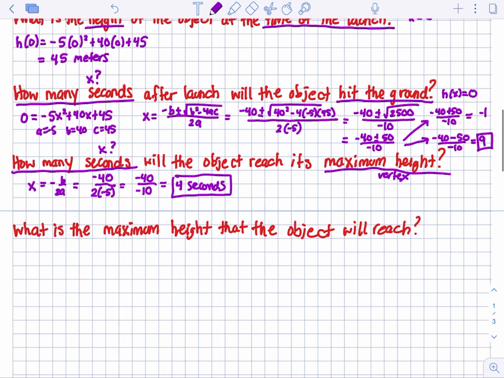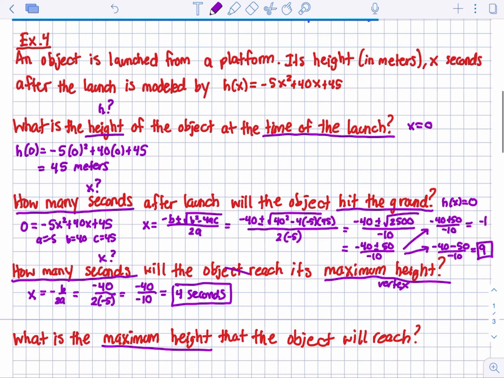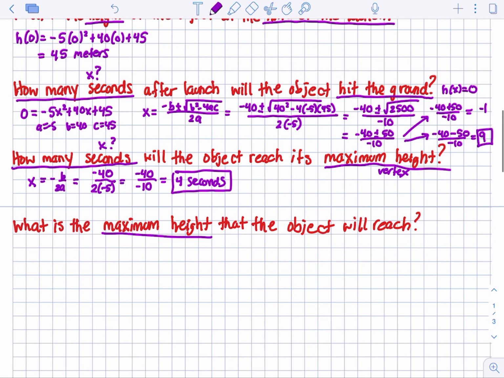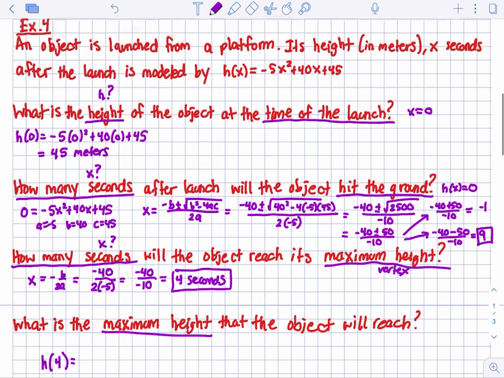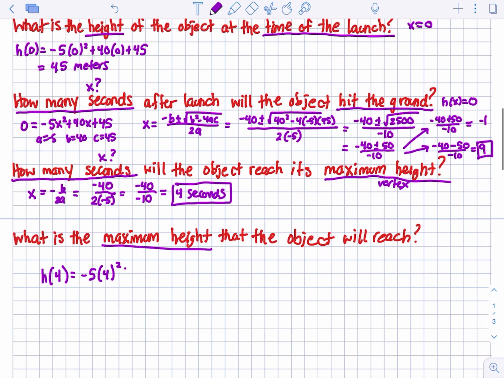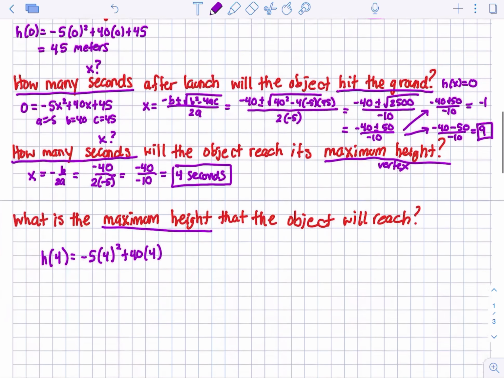And then in this problem, what is the maximum height? So what is the y-coordinate of your vertex? All we have to do is plug in that 4 seconds into the original to get our maximum height. So h of 4 is equal to negative 5 times 4 to the second, plus 40 times 4, plus 45.